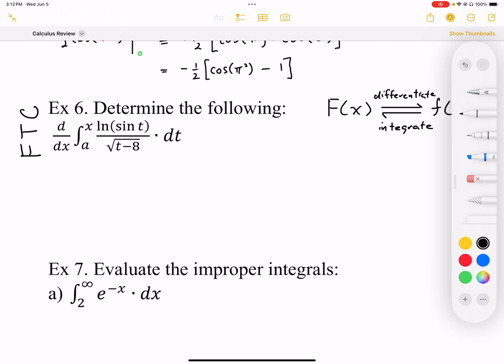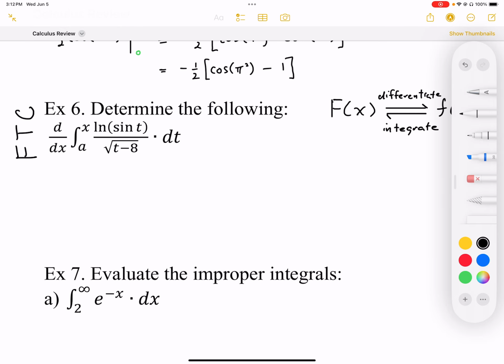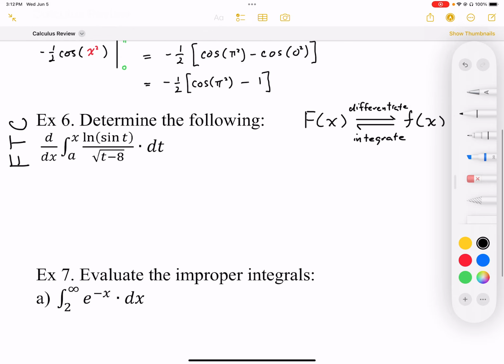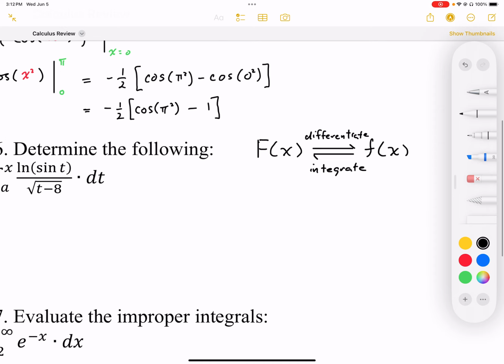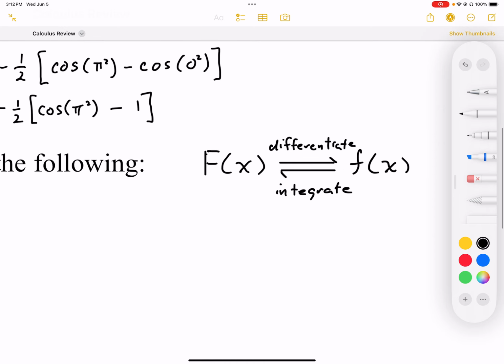In example 6, this one involves the fundamental theorem of calculus, so FTC. There's two parts to it, and the part that we're going to use is that the integral and derivative are opposite operations. So if I differentiate big F, I get little f.